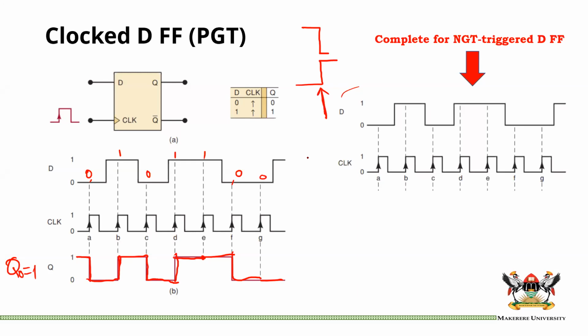If at all they happen, the first one that beats the other one to the 50 percent mark, in other words, the first one that makes the transition fast, will change the output, and then the next one will follow. What I'm trying to say is that something must happen first. However, if that scenario happens, I don't really know what would happen. I just don't see it happening in real life. The margins are too small for us to worry about a scenario like this. But in our timing diagrams, I'm not going to give you something confusing like this one.